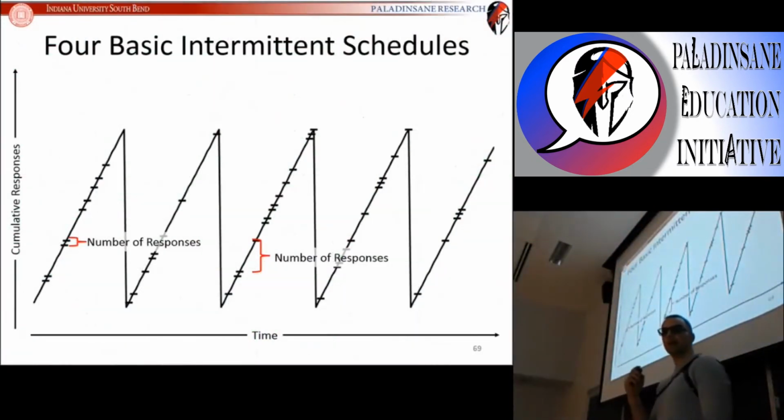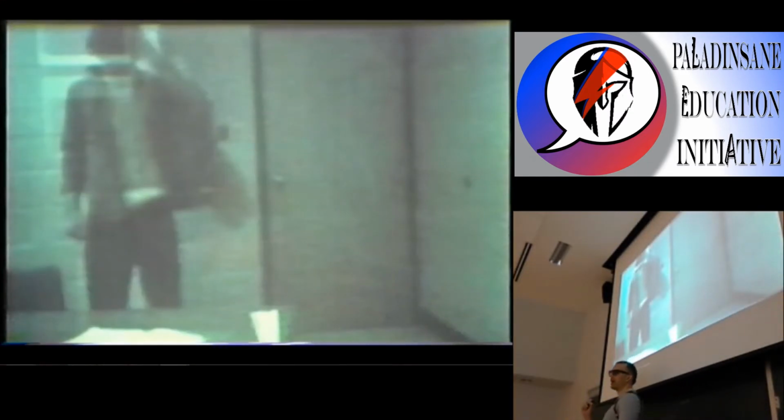It was the parents. So this is one of the tragedies of Harry's history. It was that his parents had put him on a variable ratio schedule of reinforcement for his self-abuse.